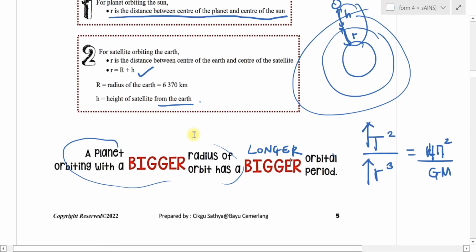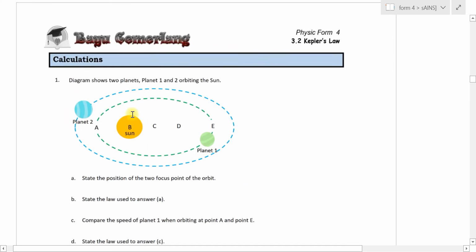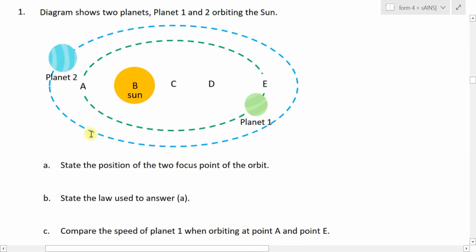Kita dah habis Kepler 1, Kepler 2, Kepler 3. But how to use this knowledge all to answer the question? That's the most important one. Okay, right. Let us see some calculation here. Okay. Baik, kamu tengok ada sun, ada planet 1, ada planet 2. Okay.